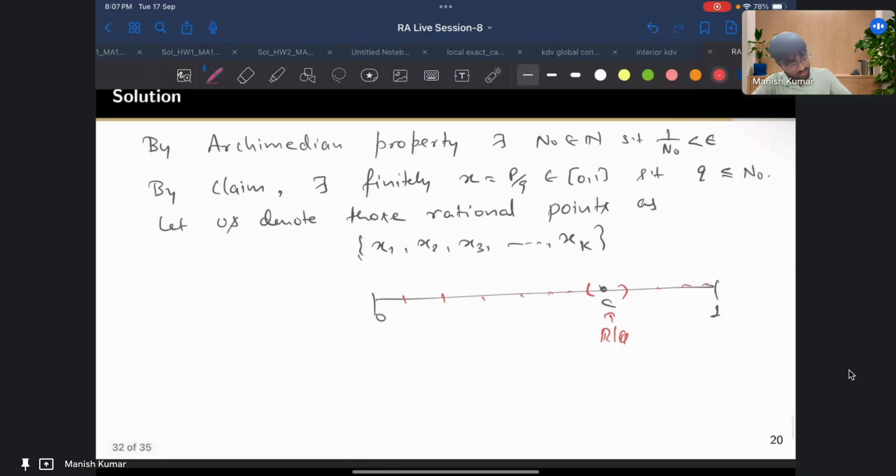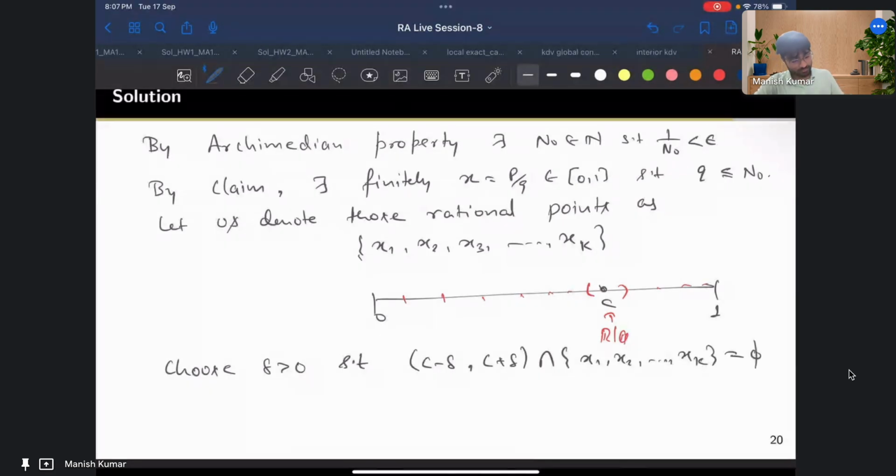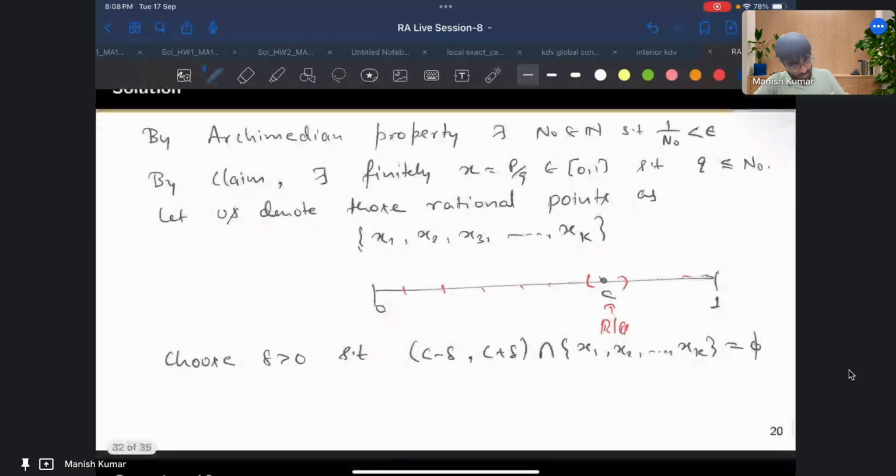Choose delta greater than 0 such that the intersection of (c minus delta, c plus delta) with the set {x1, x2, ..., xk} is empty. I can always do this because there are only finitely many xk's. This is very important, that there are only finitely many, that's why we can do this.